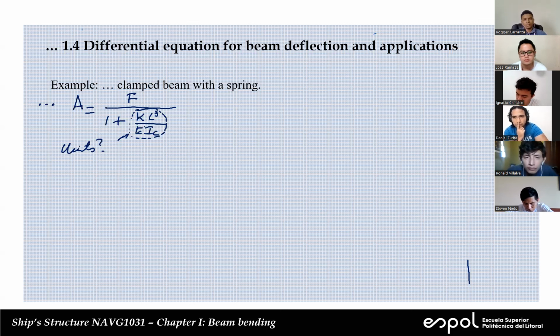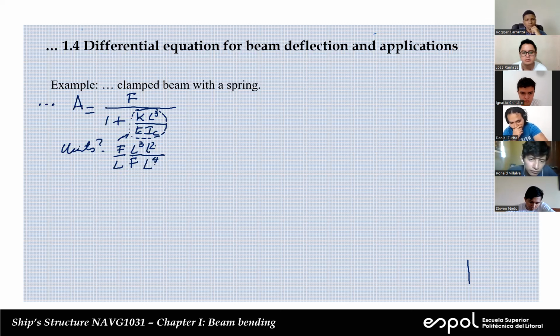This is non-dimensional, but it's a good idea that you check it. So it's going to be F over L for K, this is L cubed, this is F over L squared for E, and this is length to the 4 for the inertia. I've got 3 and 2, that's 5. I have 4 and 1, that's 5. F and F, that's non-dimensional. So this is non-dimensional, and this is F, the shear force F.